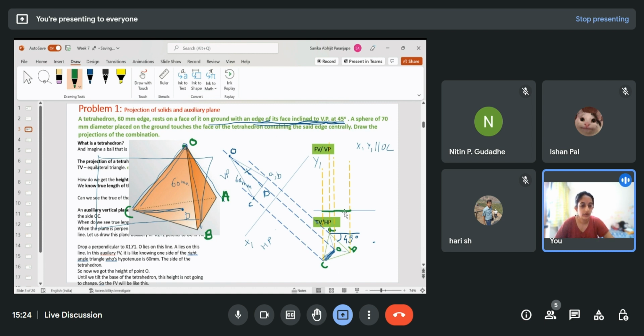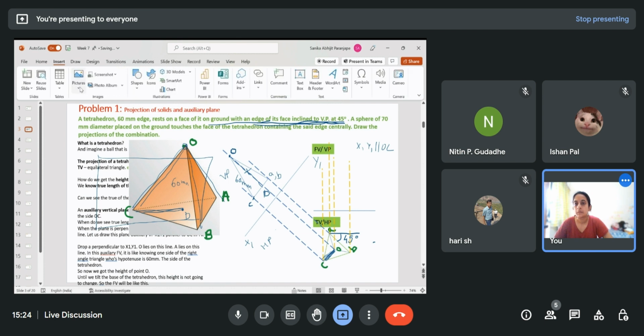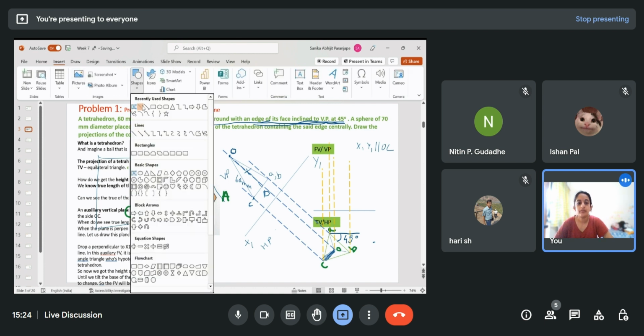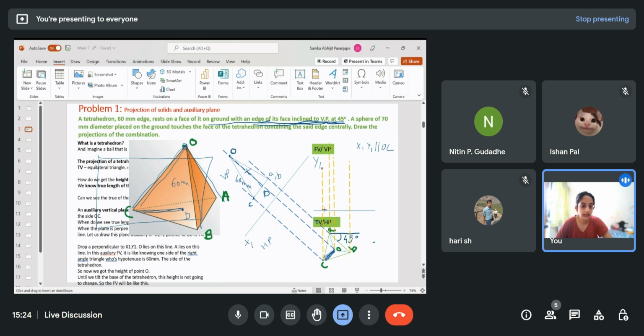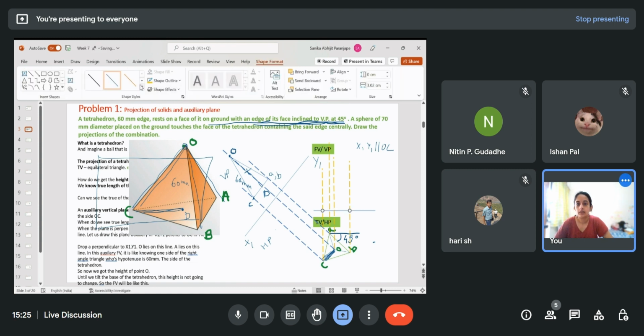So I will first draw the base. We will take a line and I'll draw the base ABC here.